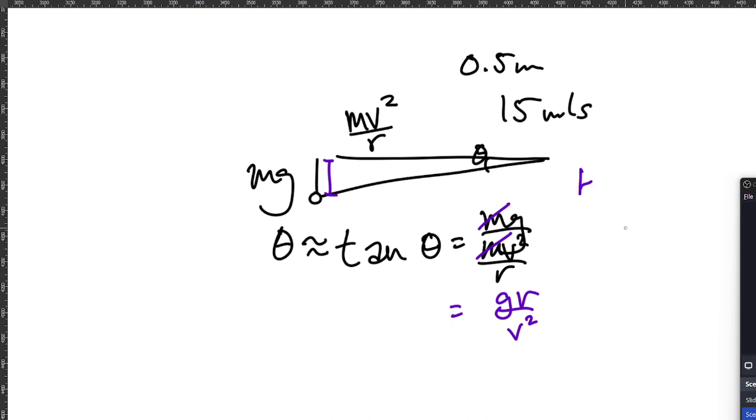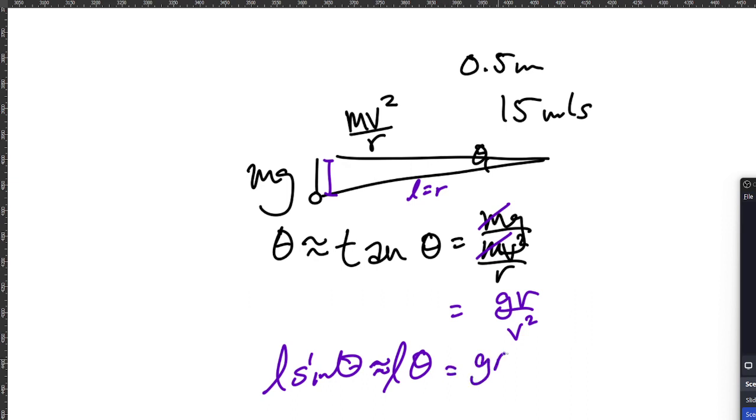The hypotenuse is the length of the string, which we've already denoted here as R. So we can just say L is equal to R, and that means our final length of how much it drops by is L sine theta, which is approximately L theta, which equals g R squared over v squared.